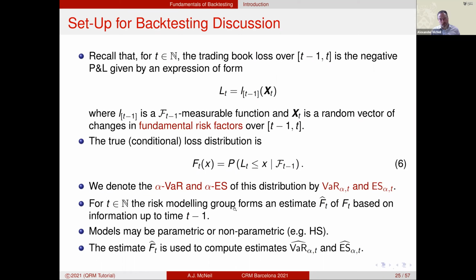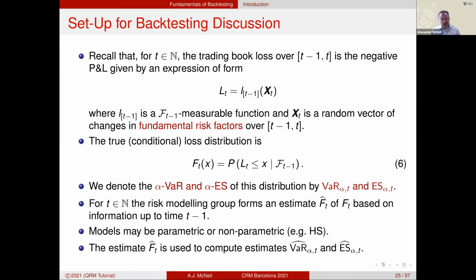So as a risk manager, I'm going to have to make a model for FT, and then I'm only ever going to see one observation from FT. So the risk modeling group at the bank forms an estimate, a forecast distribution, and we call that one F_T hat. We use standard statistical language whereby a hat denotes the estimate. And that's what's used for forecasting. There are so many options for how this distribution could be created. It could be a parametric method, or it could be a non-parametric method.